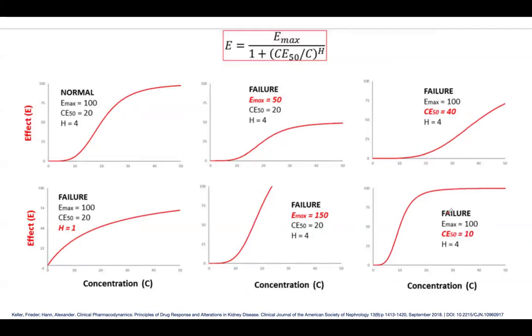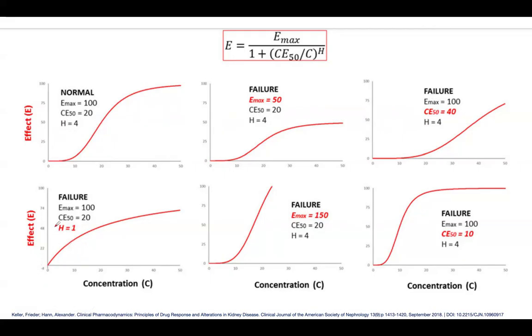As we are talking about the Hill coefficient, we can see if the Hill coefficient is the same but the C50 is increased, what happens? We need to increase the dose of the drug to reach that normal effect. Similarly, if the Emax is halved, we need to increase the dose.